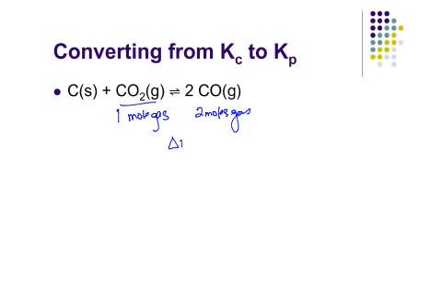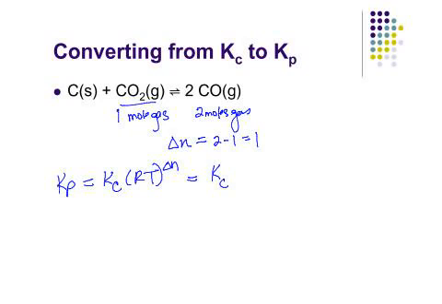What is delta N equal to? 1, because I have 2 moles of product minus 1 mole of reactant. I'm only concerned about the gases. So we know that since Kp equals Kc times RT raised to the delta N, Kp equals Kc times RT.